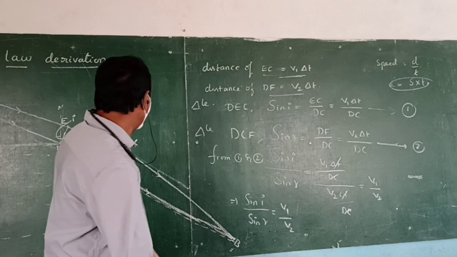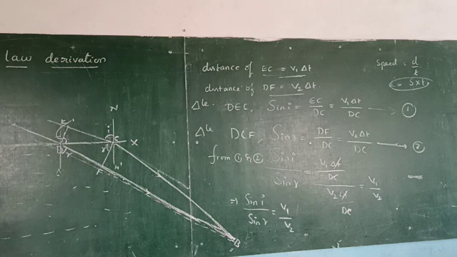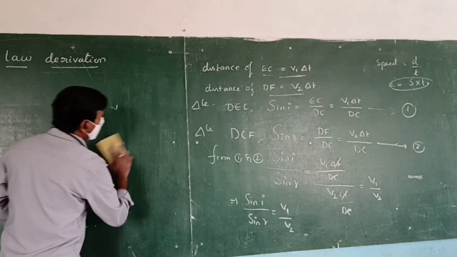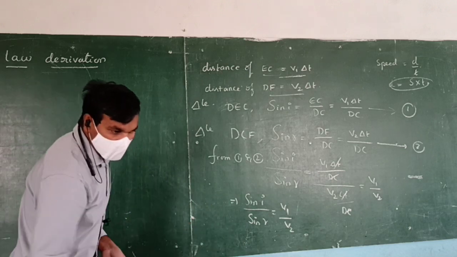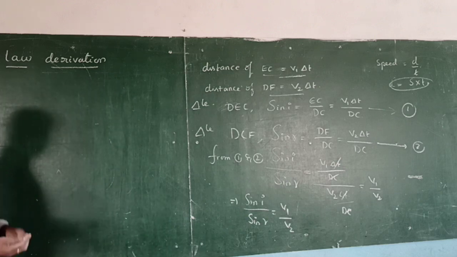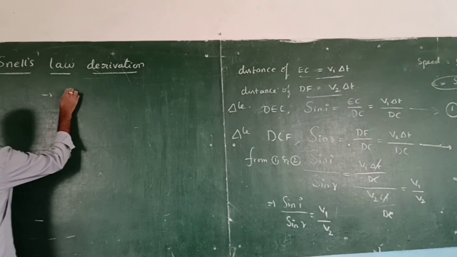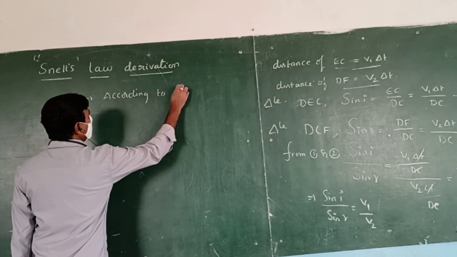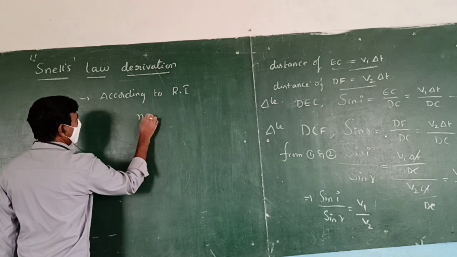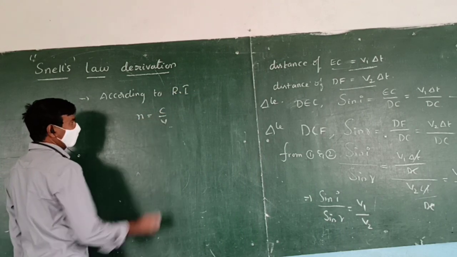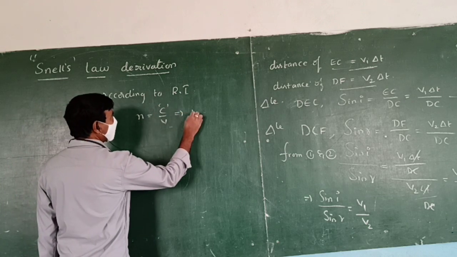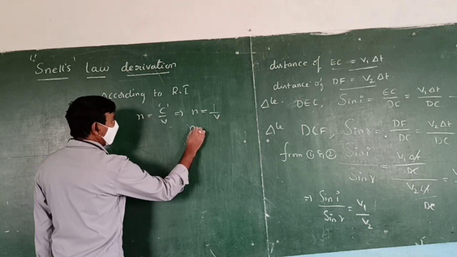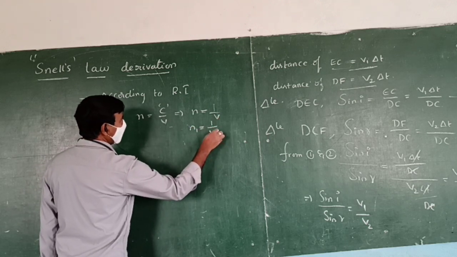Now I am analyzing the diagram. According to the refractive index formula, n equals c by v, where c is constant, that implies n is proportional to 1 by v. So V1 equals 1 by N1 and V2 equals 1 by N2.